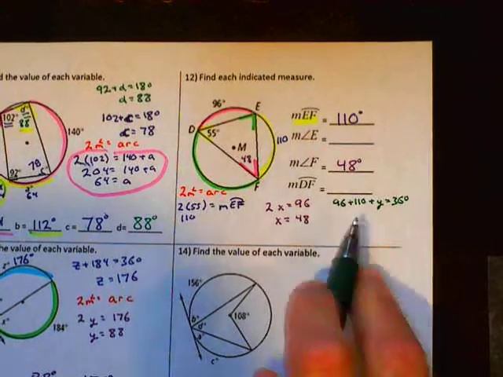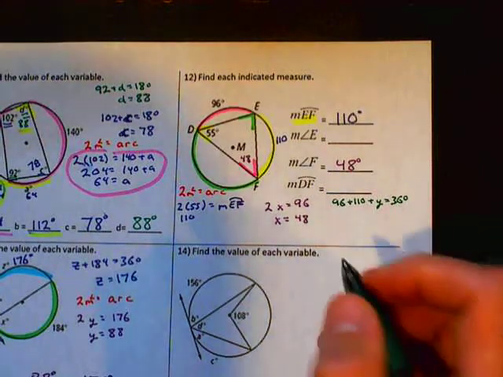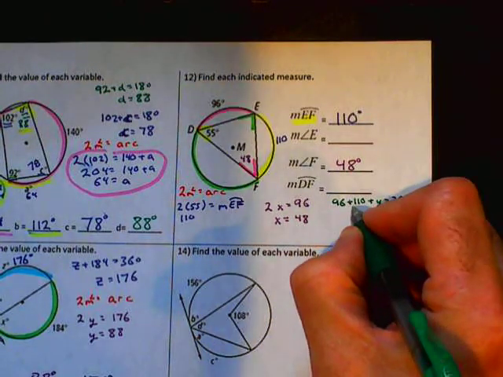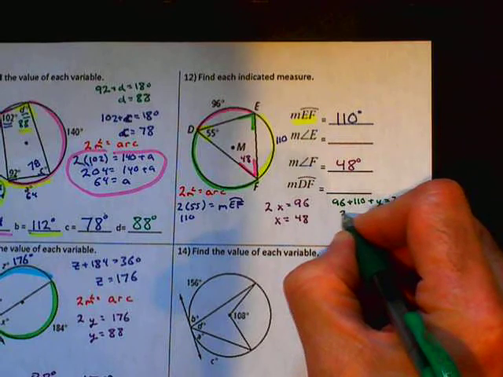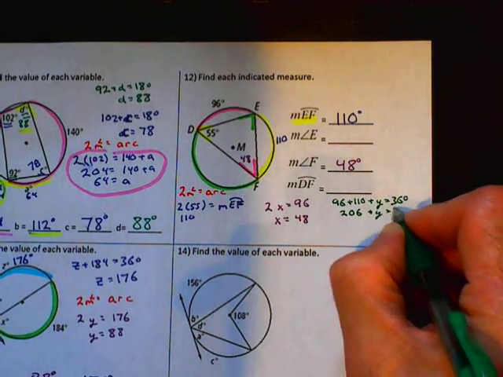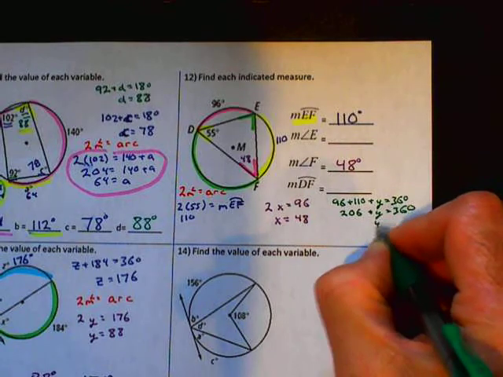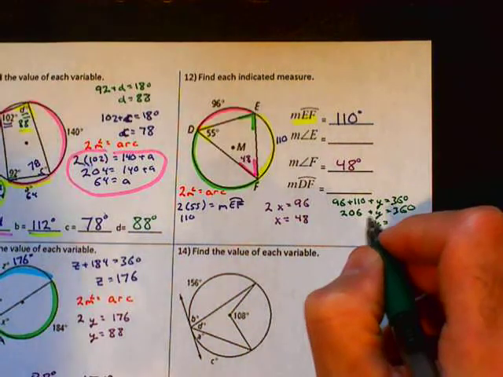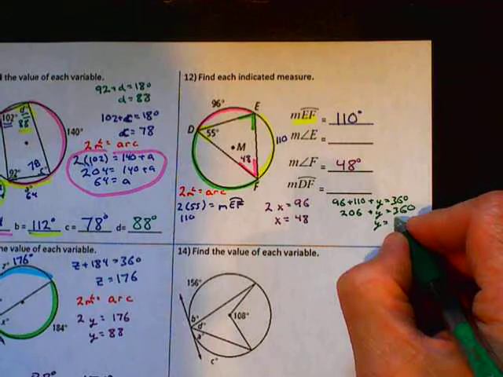Those all have to add up to 360. So this is 206. So y equals 154.